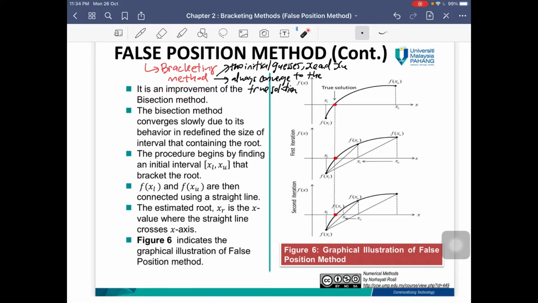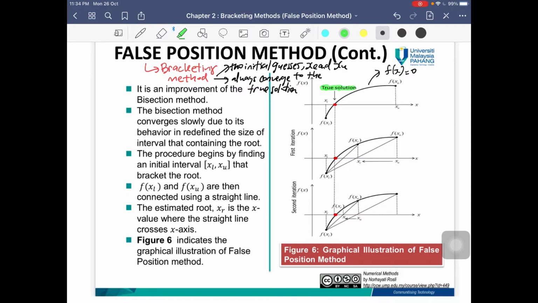Let me explain again based on this graphical illustration. In the false position method, let's say this is the function whose root we want to estimate, and this is the true solution for this function.